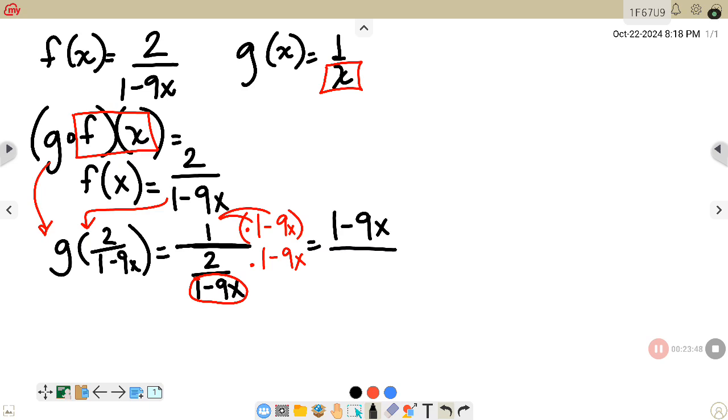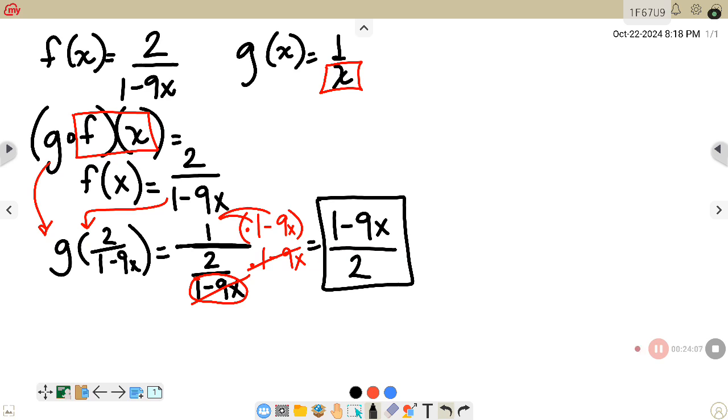In the denominator, and this is why we used it, the 1 minus 9x cancels, so all I am left with is 2. So that is g of f of x.